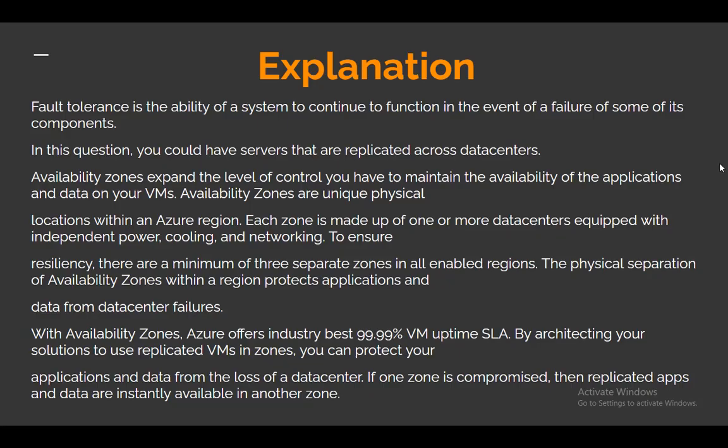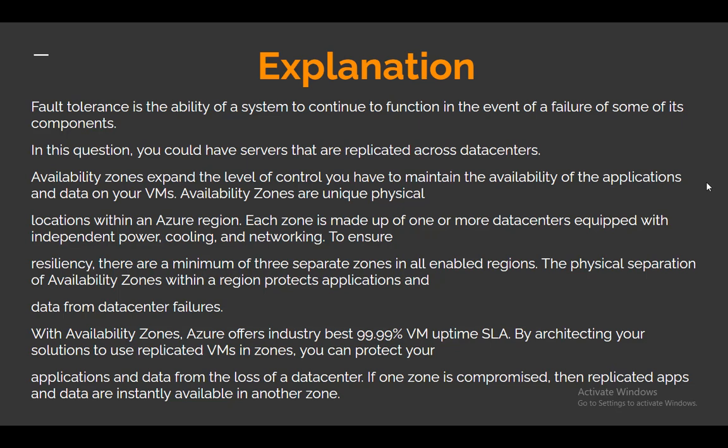Explanation. Fault tolerance is the ability of the system to continue to function in the event of a failure of some of its components. In this question, you could have servers that are replicated across data centers. Availability zones expand the level of control. You have to maintain the availability of the applications and data on your VMs. Availability zones are unique physical locations within an Azure region.